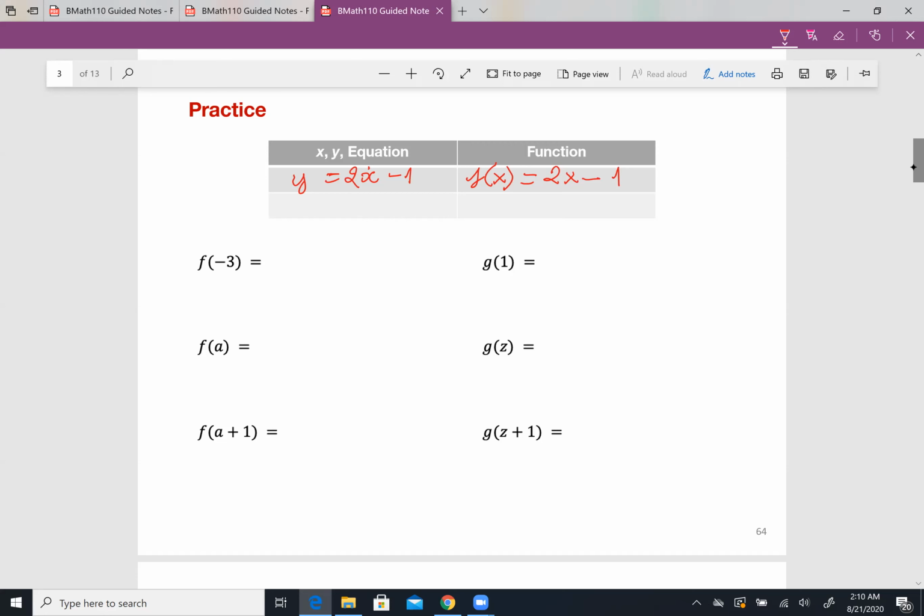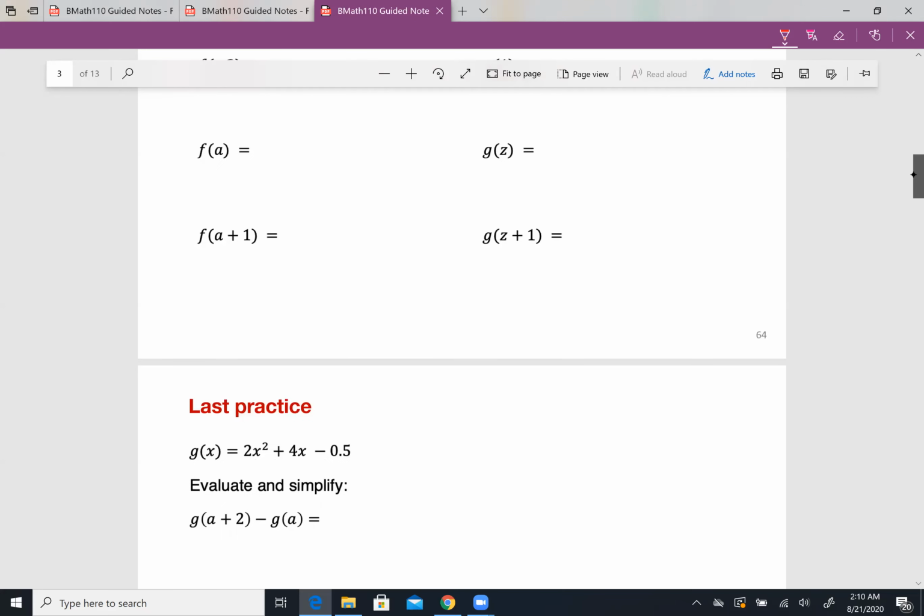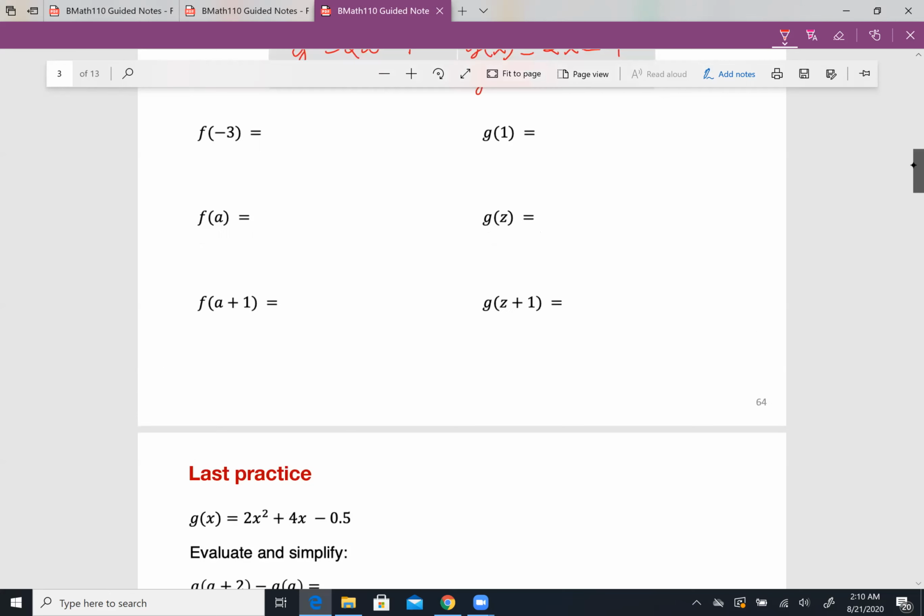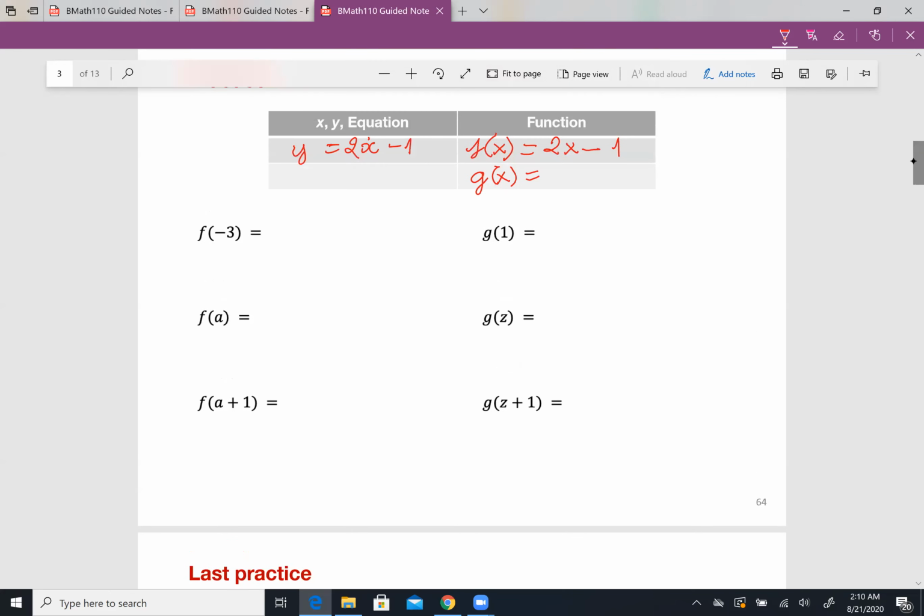And for the other function, which is g of x here, I believe down here it gives us g of x equal to 2x squared plus 4x minus 0.5.